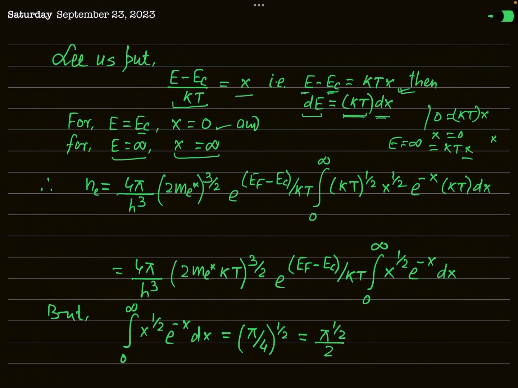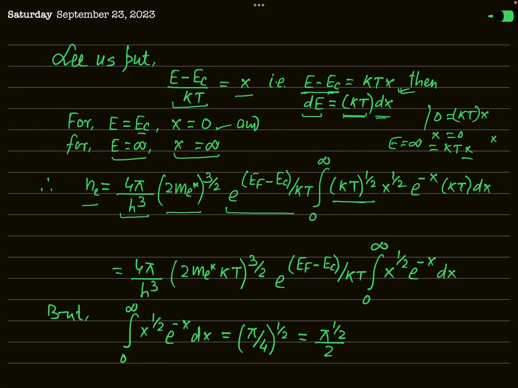Okay. So now the result for Ne will be what? This will be 4 pi over h cube times (2 me star) to the power 3 by 2 times e to the power (EF minus EC) by KT. This factor is as it is. Okay. But inside the integral, you can see here there was (E minus EC) to the power half. But you can see E minus EC is KT times x.